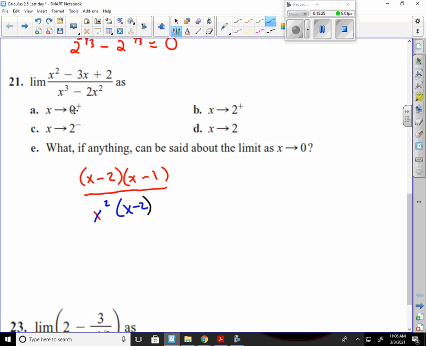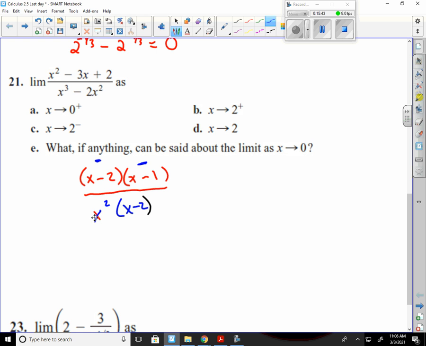Instead of canceling, look at what would be happening here. If it's approaching 0 from the right, a number close to 0 minus 2 is going to be a negative. A number close to 0 minus 1 is going to be a negative.